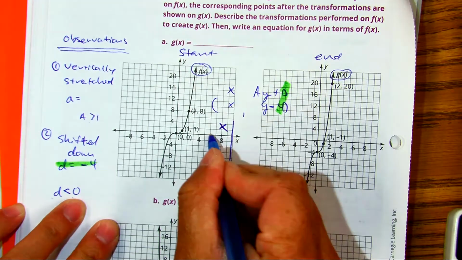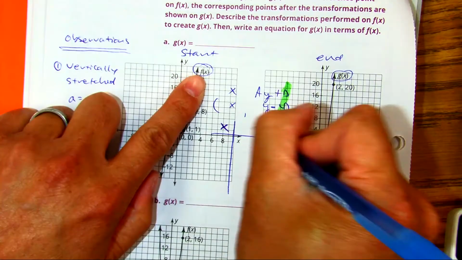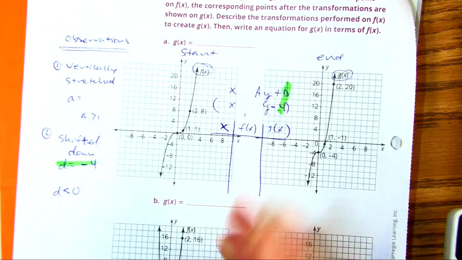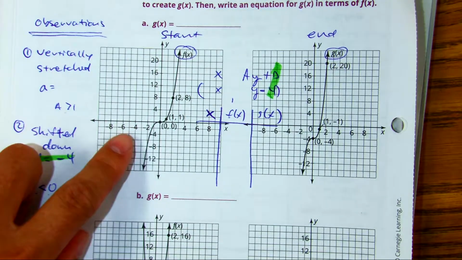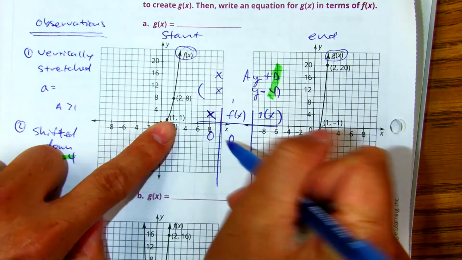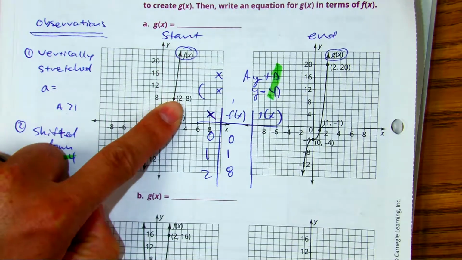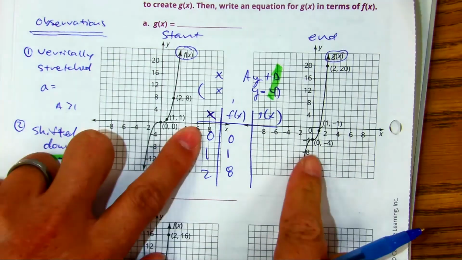So I'm just making this table of values, and I have 2 graphs, f of x and g of x. 0, 0, 1, 1, 2, 8. And then the other order pairs are, pay attention, 0, negative 4.